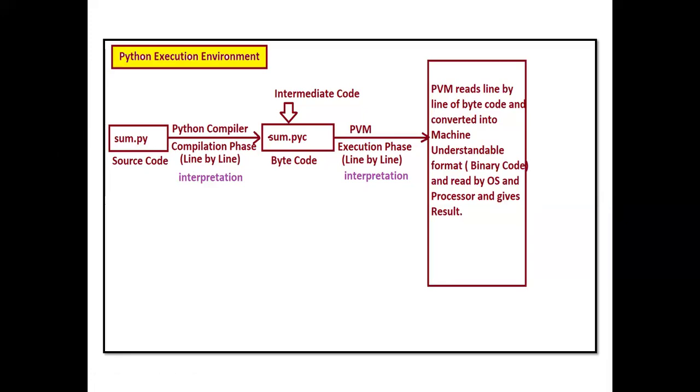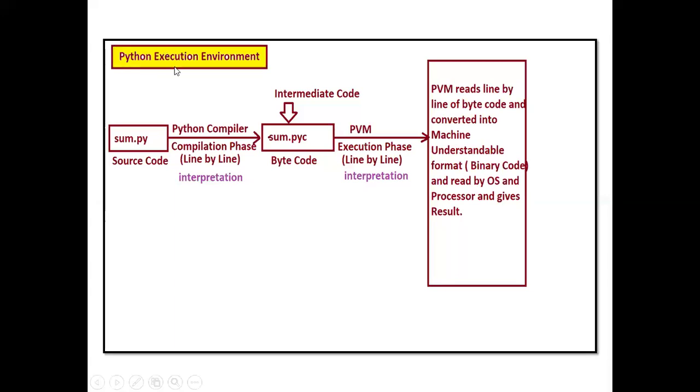It will read the source code line by line, check for the syntax, and if no error is found, students, please remember, if there is an error, the error will be displayed on the console, like syntax error, value error, any error. But if no error is found, in that case, it will be converted into the intermediate code, that is, bytecode.